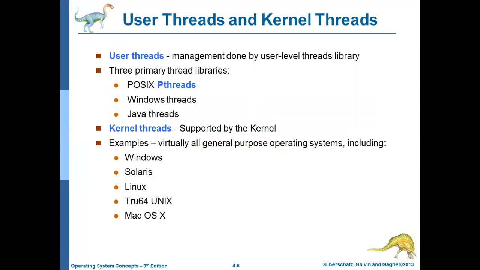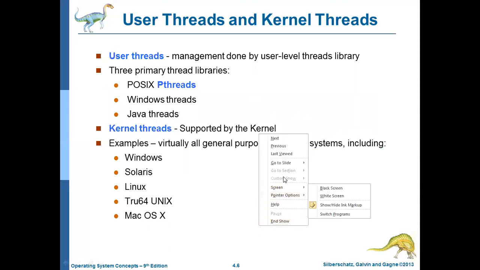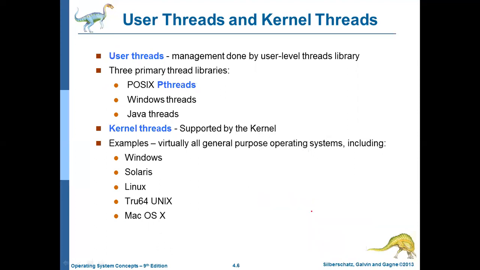Now let's move on to the different types of threads. We have two different types of threads, namely user threads and kernel threads. Now, what is meant by a user thread? If your thread is managed by a user level library, then it is called a user thread. Whereas kernel threads are supported by the kernel.